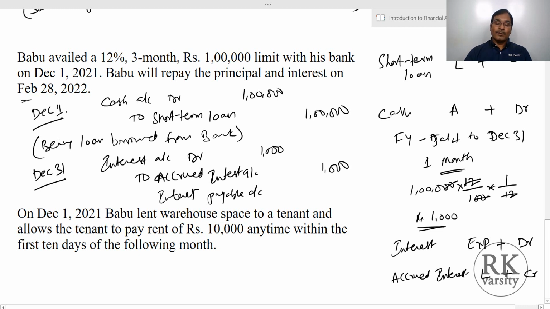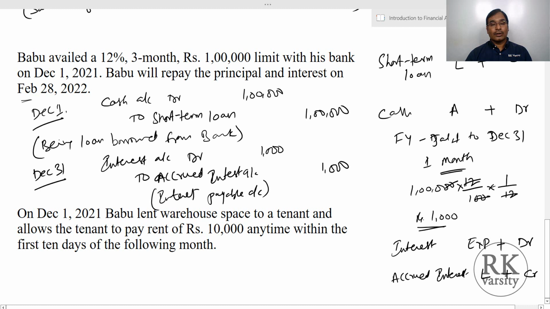Now we may be wondering, why do we have to create this account here? Because according to our matching concept, all the expenditure pertaining to that particular financial year, or fiscal year, or accounting period should be shown in that year only. The 3 months are December, Jan and Feb, and Jan and Feb belong to the next fiscal year.